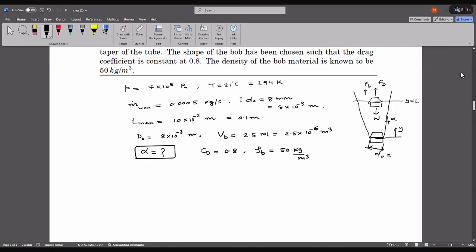So what formula do we have? We derived in the class that the flow rate is proportional to the displacement of the bob, how far the bob goes up.